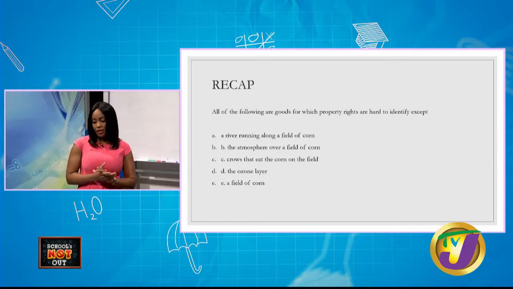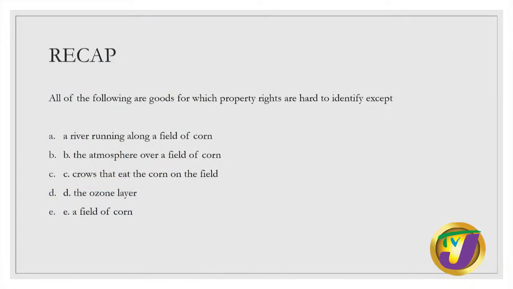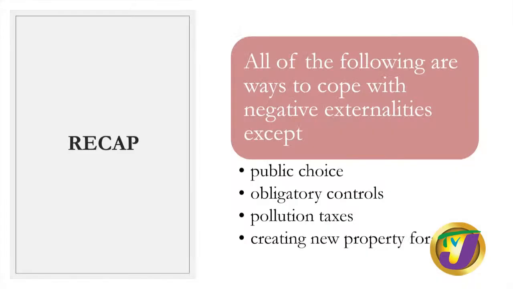So all of the following are goods for which property rights are hard to identify except, is it A, B, C, or D? Next question, all of the following are ways to cope with negative externalities except, is it public choice, obligatory control, pollution taxes, creating new property forms?